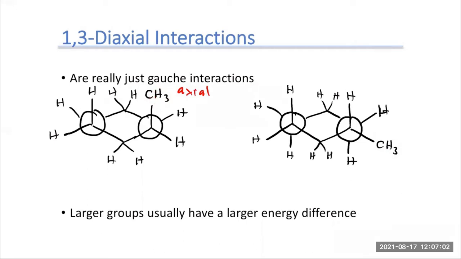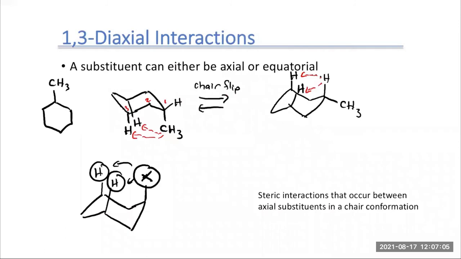Which means when we're looking at our chairs, for this example here, about 5% of it is going to be where you have that axial CH3. That 95% is where it's equatorial. Big difference with just a CH3.